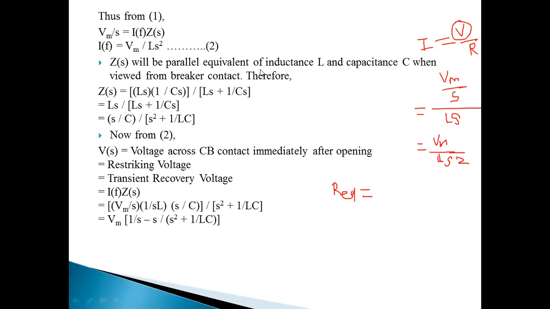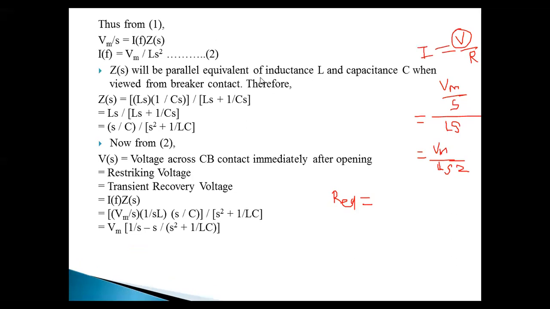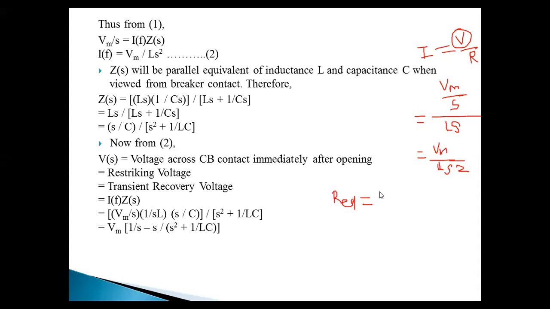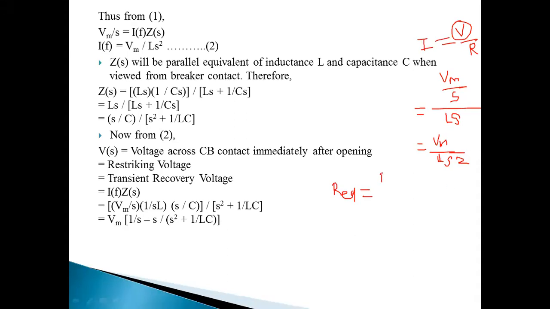Anyone? R1 into R2 divided by R1 plus R2, correct. So when two resistances are given, the equation is simply R1 R2 divided by R1 plus R2.